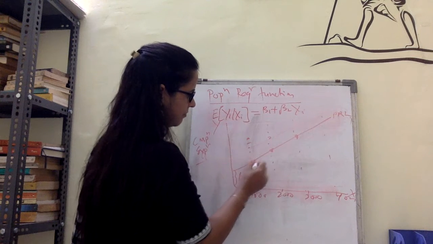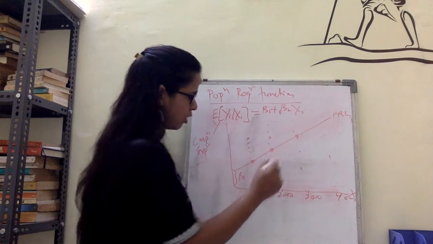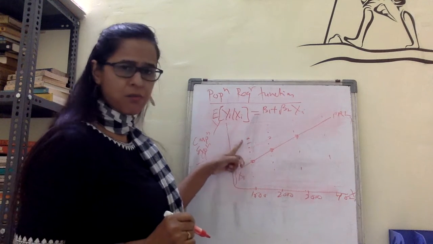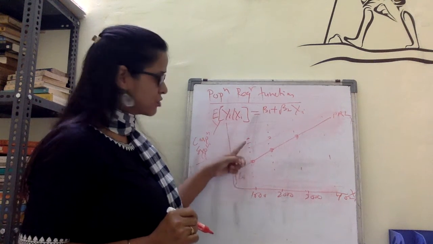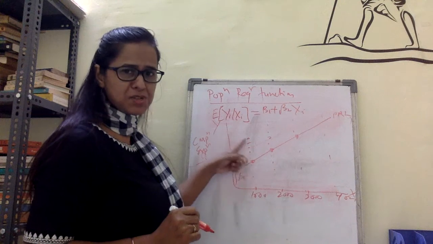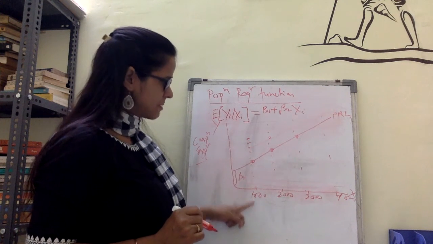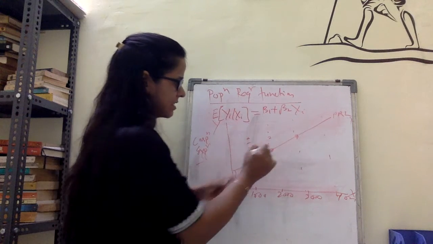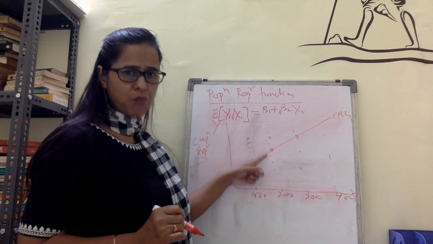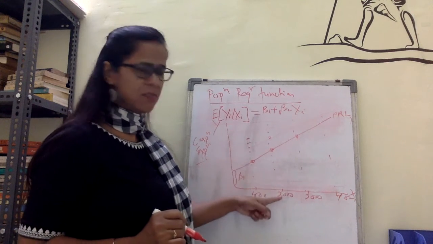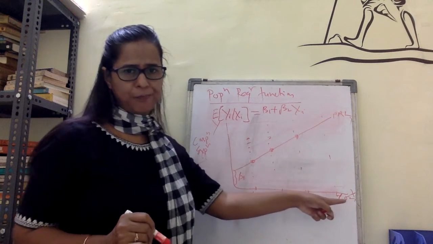So what is this point on this line? These points are the estimated or average value of y, the consumption expenditure of the families whose income falls under 1,000 rupees, and this point is the expected or average value of y, the consumption expenditure of the families whose income falls in 2,000, and so on, right?